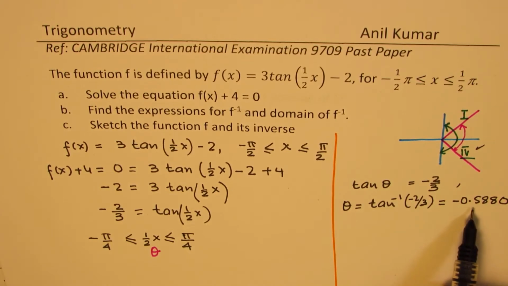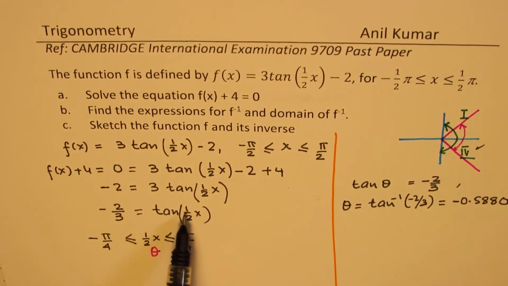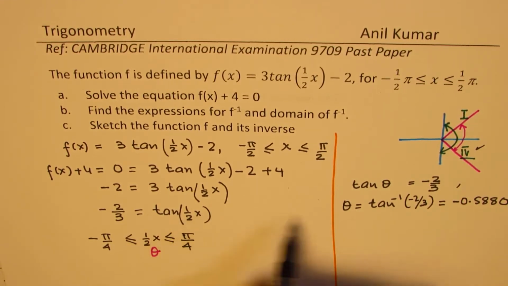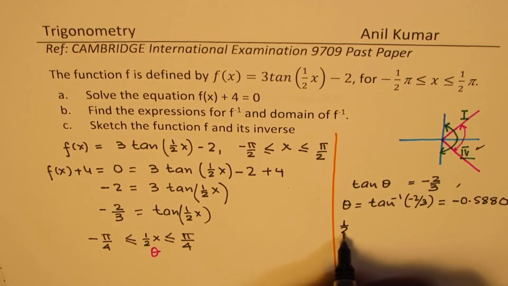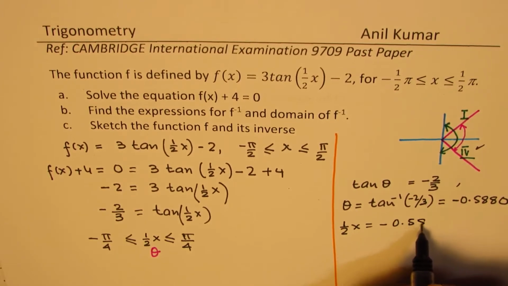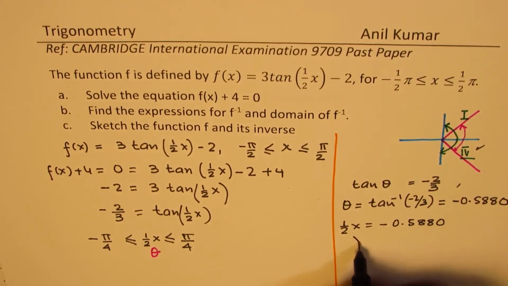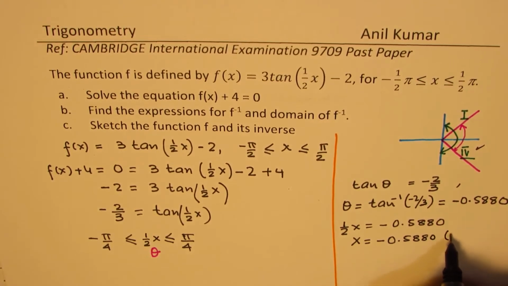Minus 0.5880 is the angle theta. However, in our question it was tan of half x, so theta for us is half x. So half of x is equal to minus 0.5880, and x is equal to minus 0.5880 times 2.